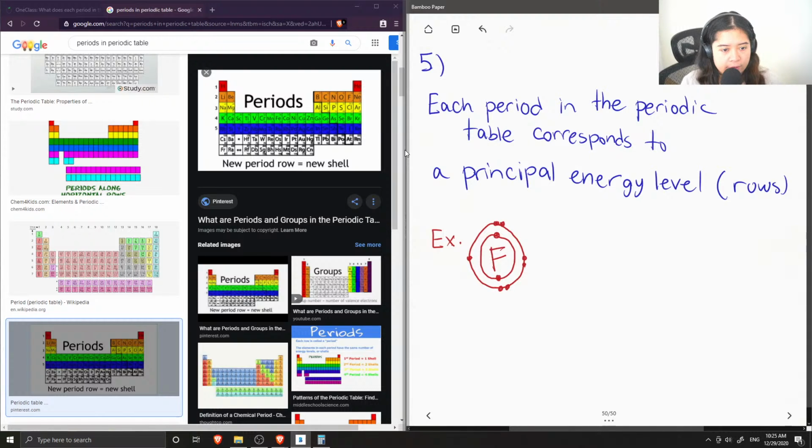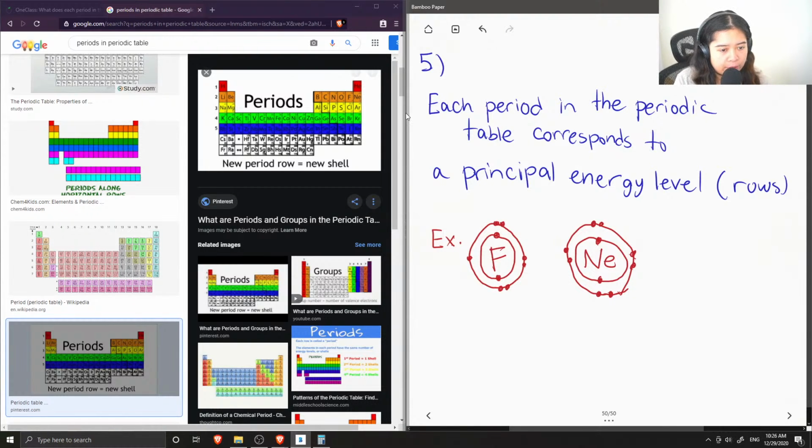Similarly, if we looked at an element in the same period as fluorine, such as neon, you'll see that it also contains 2 shells, but it has an extra electron making it have a full octet.